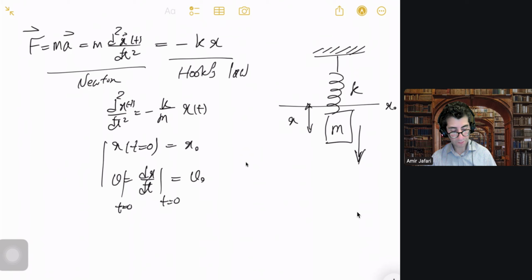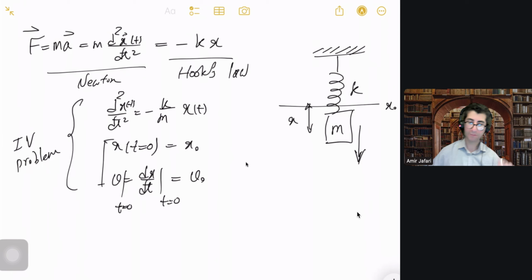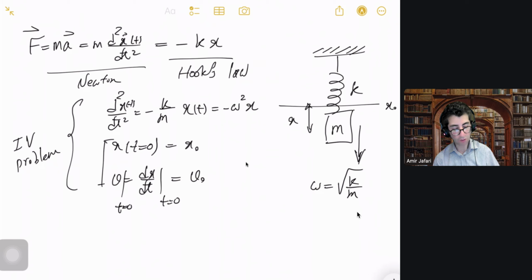So if these two are given, you have an initial value problem mathematically. You can solve it. It's a differential equation which can be solved. By the way, it's very common to use this notation. Omega here, of course, is the angular frequency, defined this way. So now we have this differential equation in Newtonian mechanics to solve.